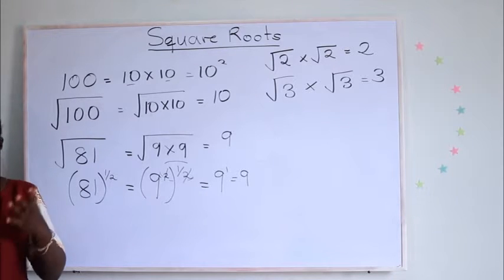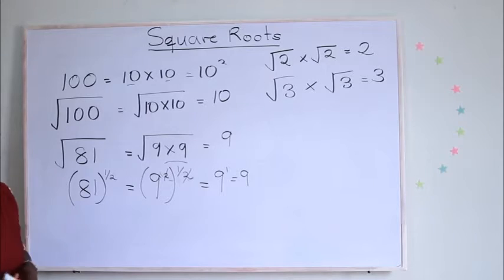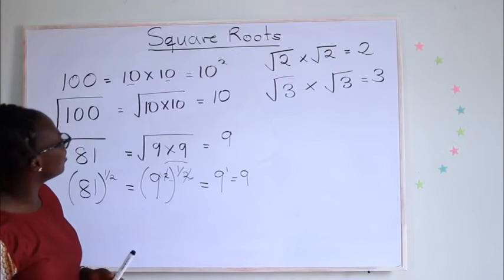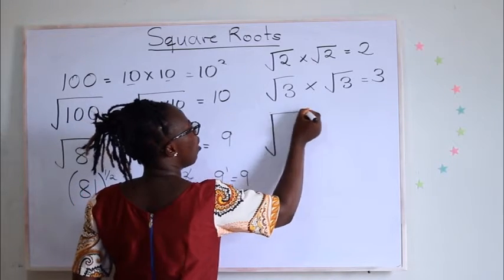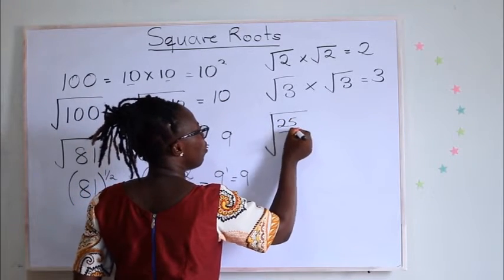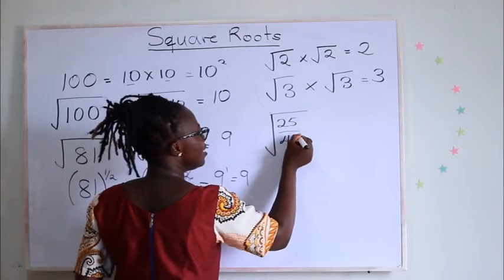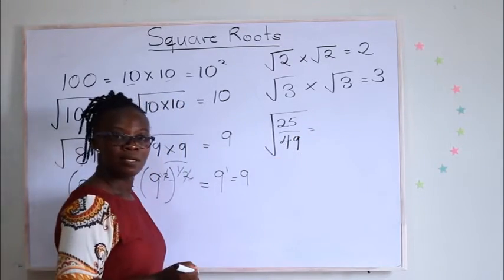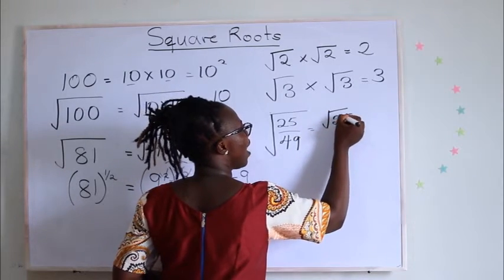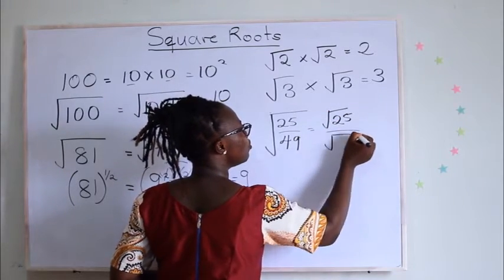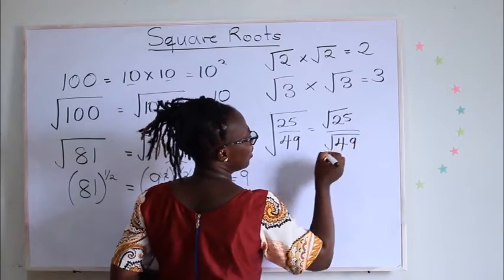How about if it is a fraction? What do I do? If I have the square root of 25 over 49, I can still write it as square root of 25 over square root of 49.